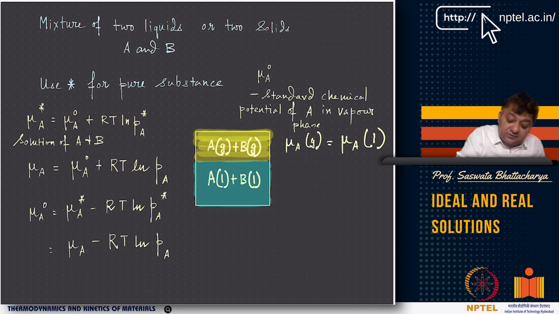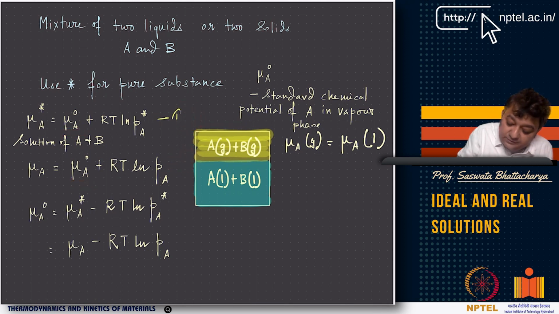So now if you have a solution of A and B, then it is mu A, and this is PA, which is the partial vapor pressure of component A when you have a solution of A and B. Again, you can write now, but mu A 0 is standard. Now if you look at that, you can equate mu A 0 in these two equations. Let this be equation 1, let this be equation 2.